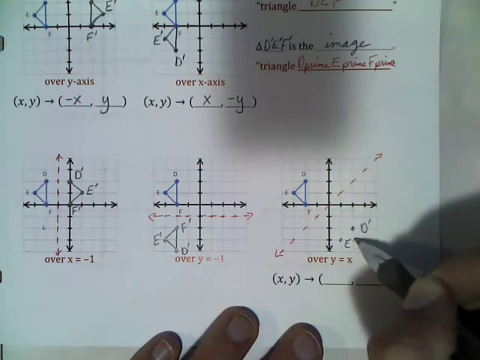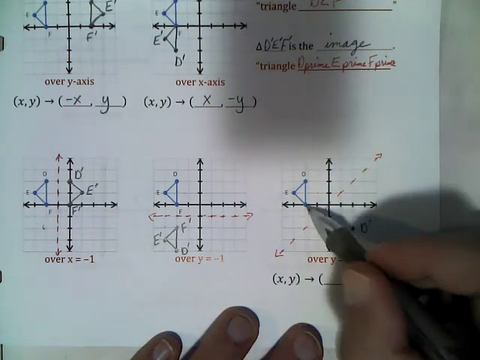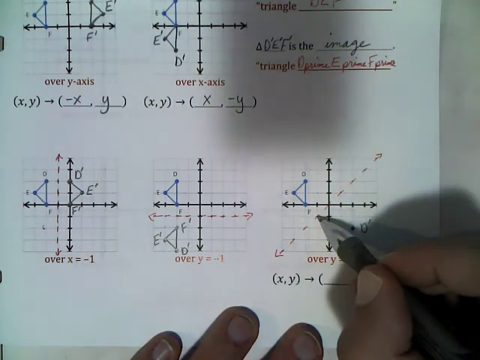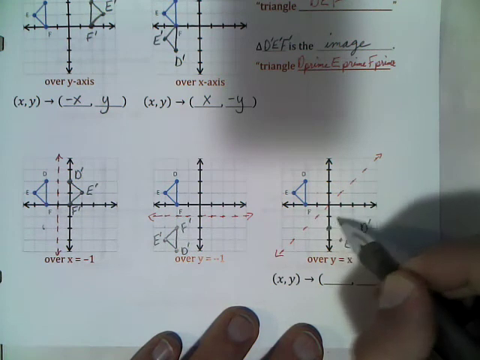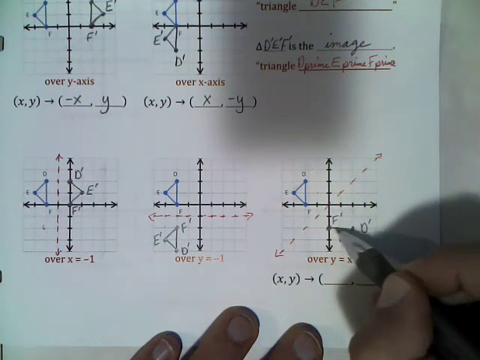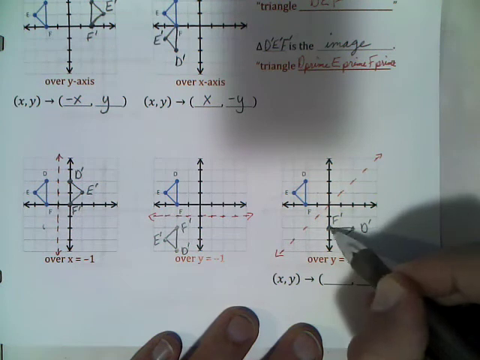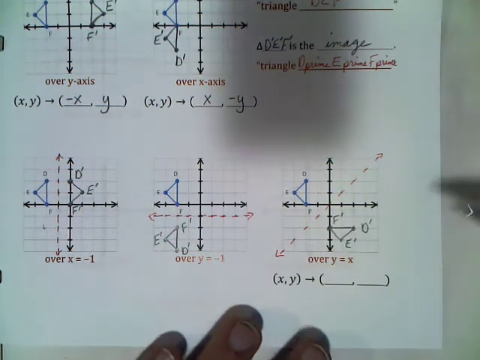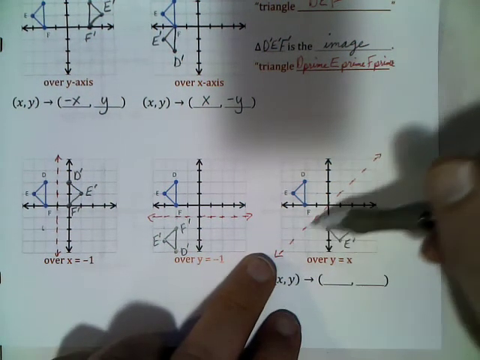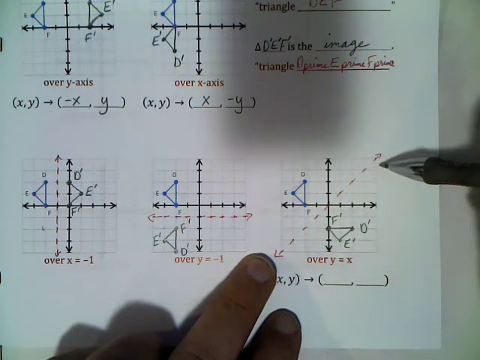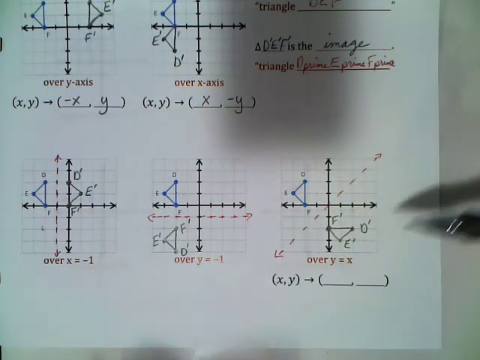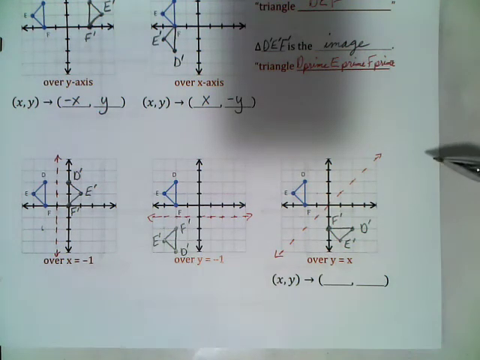That's my E prime. And finally F is 1 diagonal, so 1 diagonal on the other side is my F prime. If you can visualize it, you should be able to imagine folding this on the line of reflection and these two folding up and matching each other.